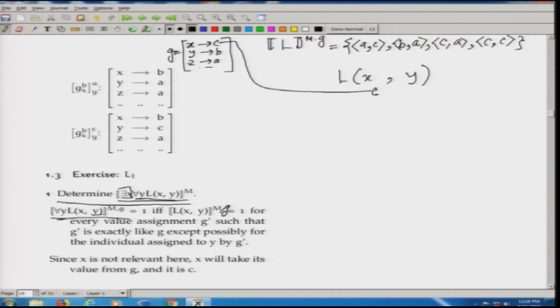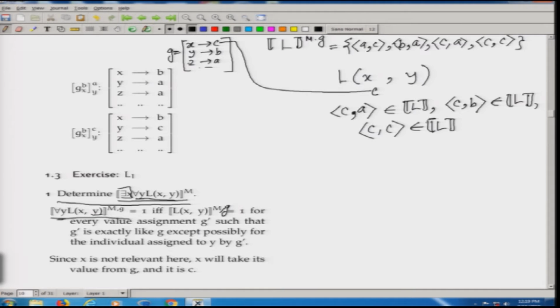That means y is varying, so we need to find that C A, C B, and C C, all must belong to L. If this has to be 1, then this must be the case.